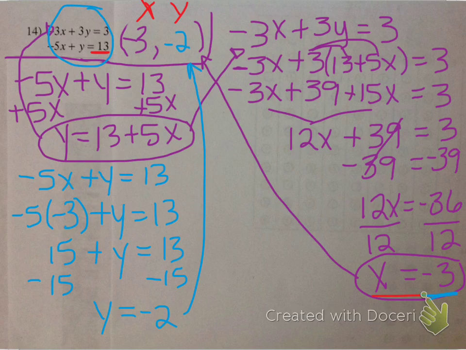Okay, next we're going to graph them to make sure that we did this correctly. So I'm just going to copy the answer that we just got, which was -3, -2. And let's see if that works out for us here. Okay, so first step to graphing equations. I cannot graph them in standard form, which is how they are now.